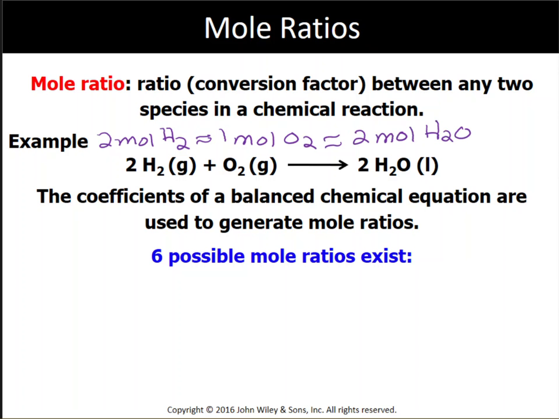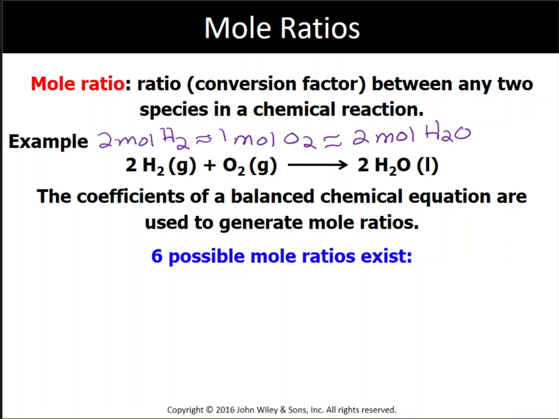So I'm using these balancing coefficients as molar ratios in between reactants and products. And also keep in mind that the balancing coefficients represent only the molar ratio. Now, these balancing coefficients, or our molar ratios, could be used as conversion factors.